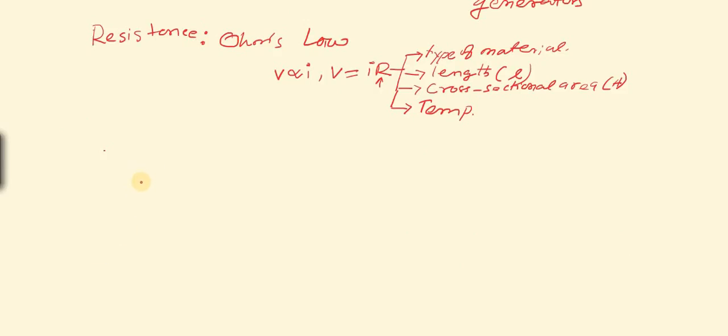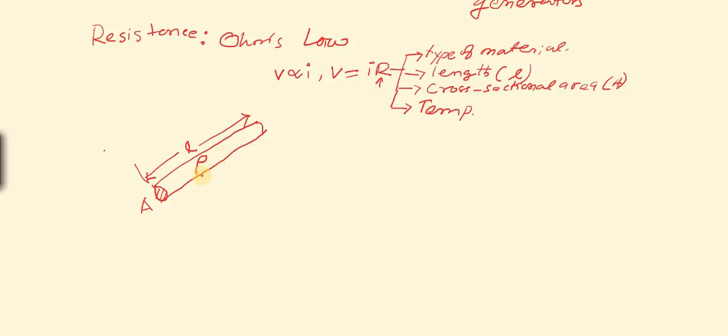Say we have a wire conductor, the cross sectional area is A, and the length of this conductor is L, and rho, which is called the resistivity.